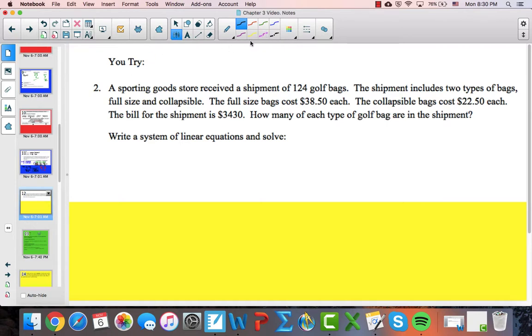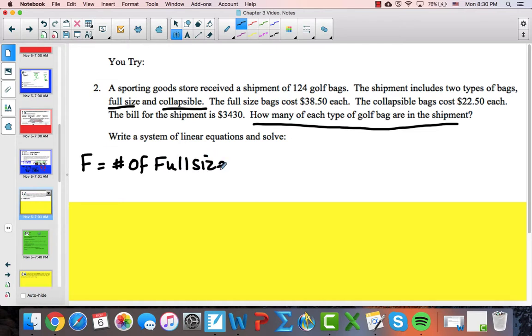All right. Now I wrote, it asked me how many of each type of golf bag are in the shipment. We had both full size and collapsible, so I let F equal the number of full size bags, and I let C equal the number of collapsible bags. Okay.